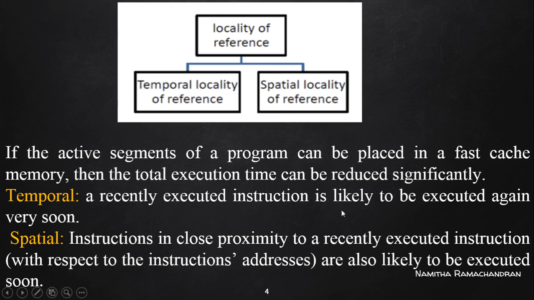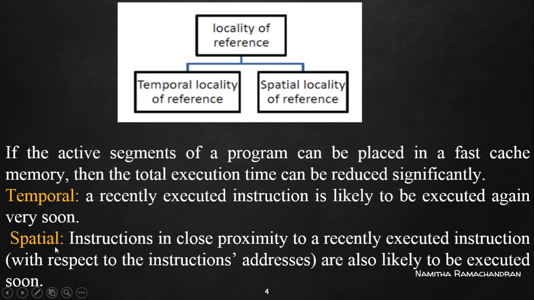If one instruction is executing now, then the chance of executing that instruction in a recent time instant is higher. That is called the temporal property.